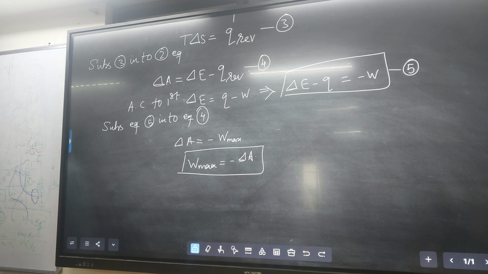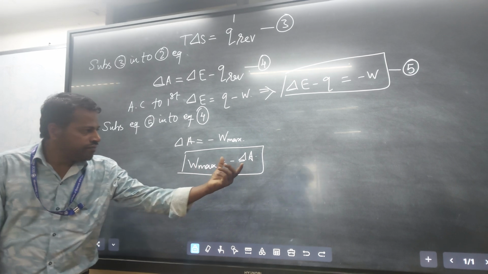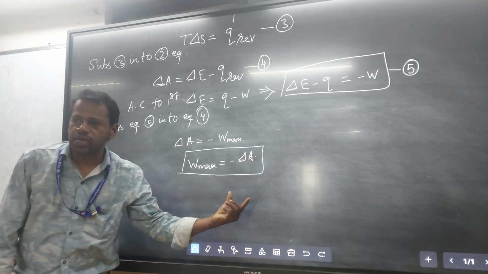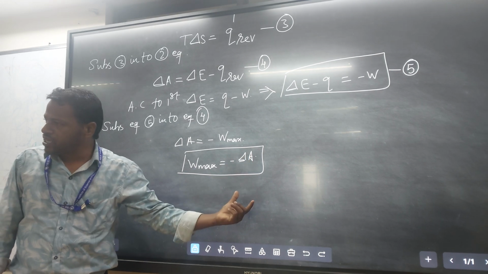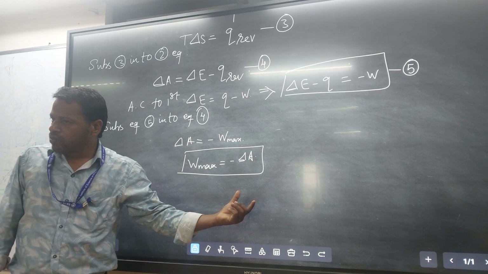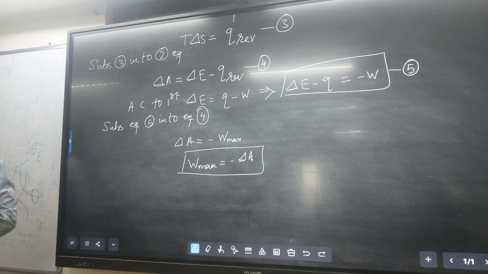As per the equation, you write it: when delta A is decreasing, or else the Helmholtz work function is decreasing, we obtain the maximum work from the system.